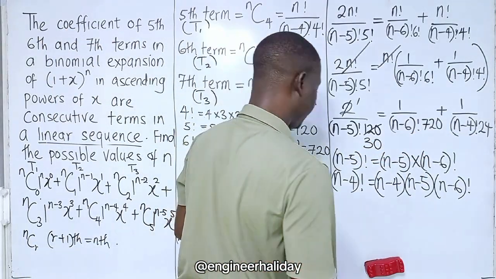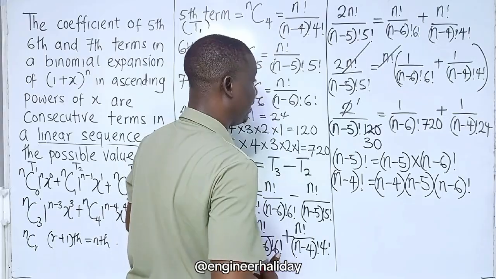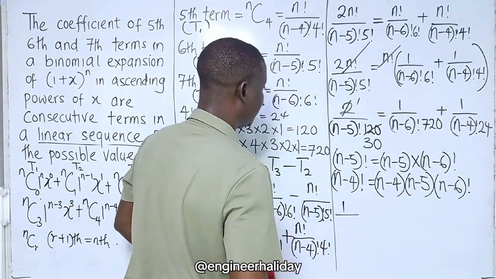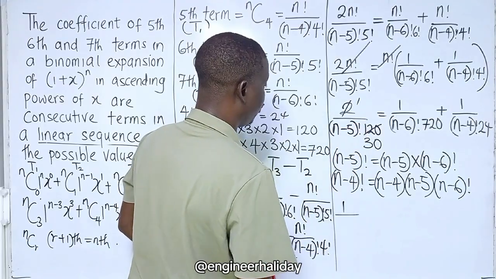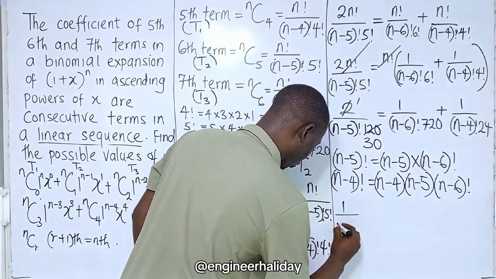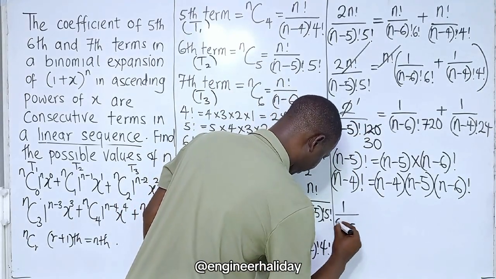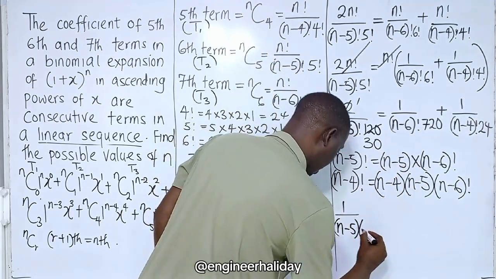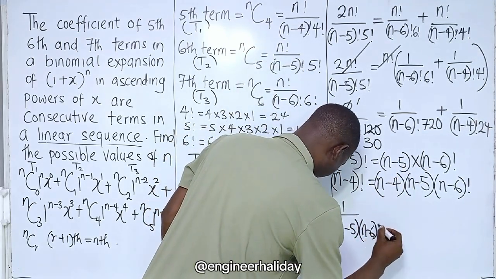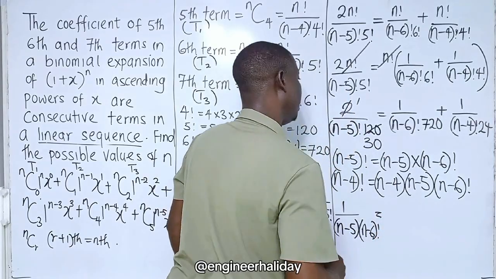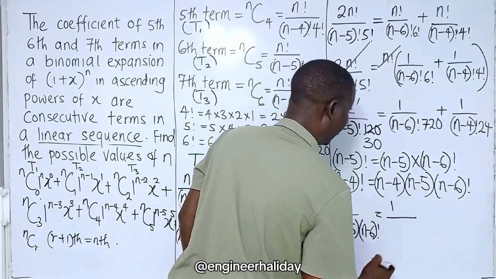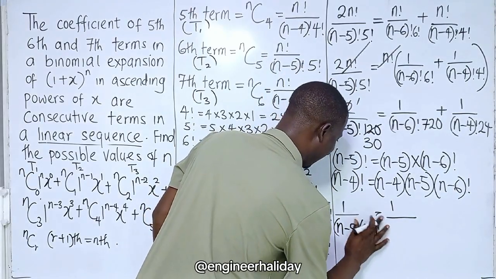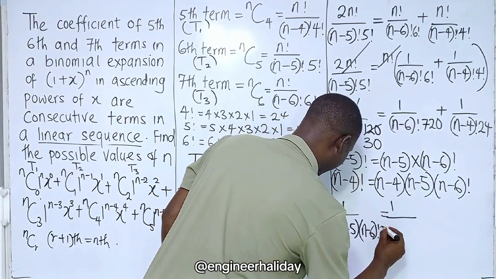Now, if you do that, what we are going to have is simply remaining 1 divided by (n minus 5) times (n minus 6) factorial, equal to 1 divided by... Now don't forget there is a 60 written there.